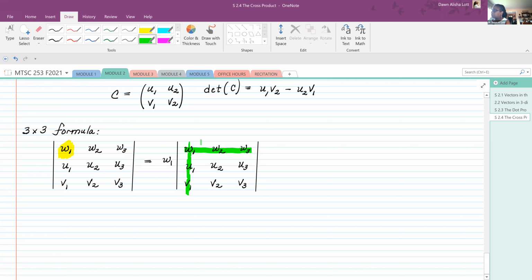And it leaves this little tiny submatrix right here.